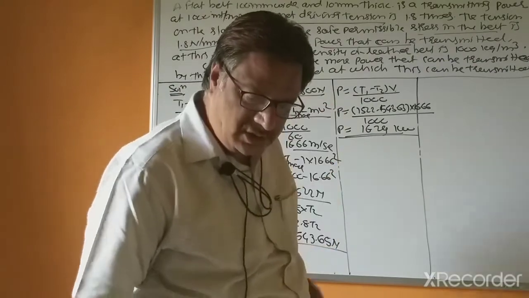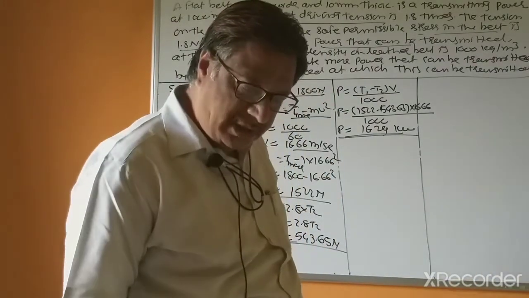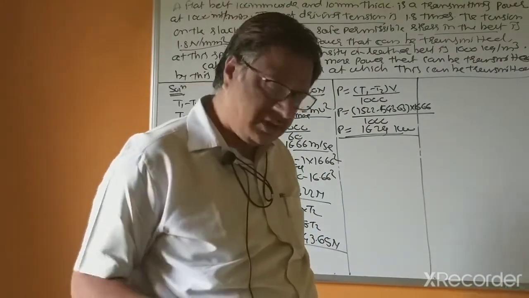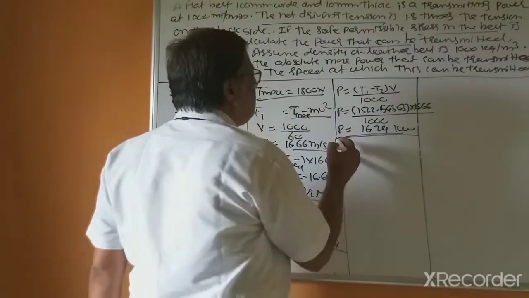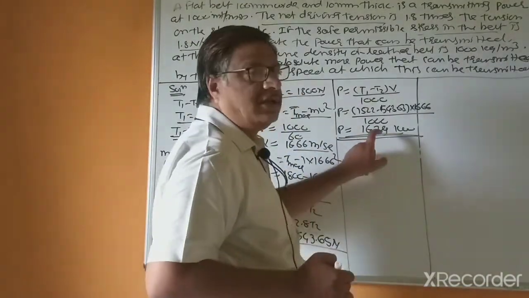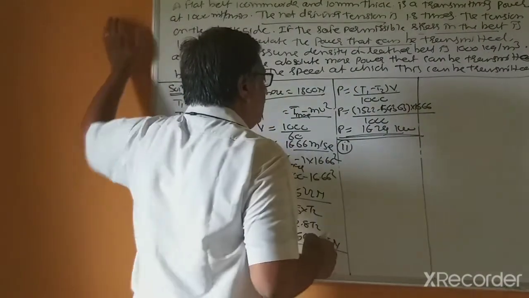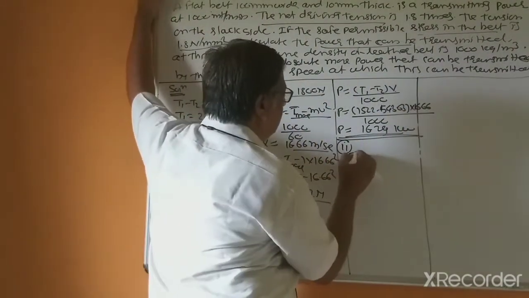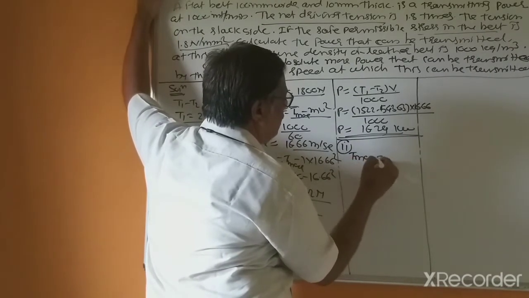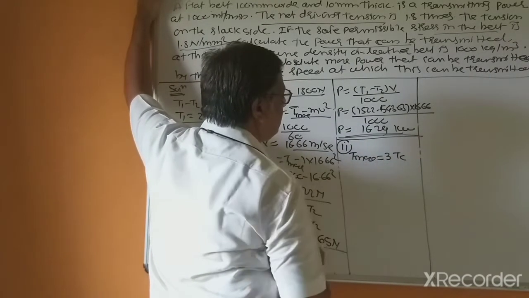So the second bit is to calculate the absolute maximum power that can be transmitted by the belt. That maximum power should be greater than this power. Now what is the relation? T max equal to 3 times Tc.